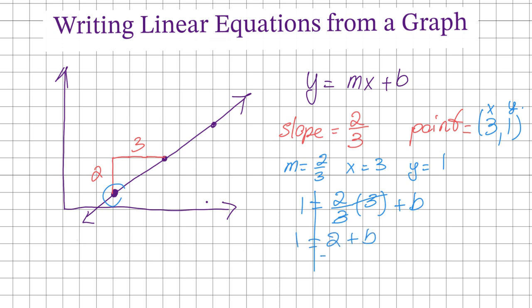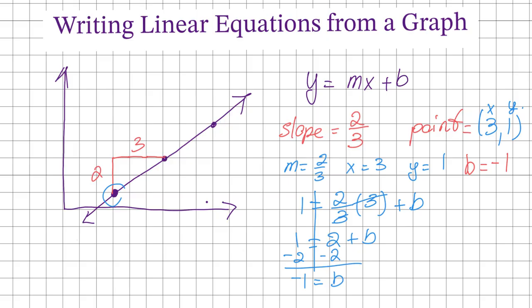Now let's subtract 2 from both sides. And 1 minus 2 will be negative 1 equals b. So there you have it. We found our b. Our b is negative 1. Okay, now that you found your b, all you need again is your m and the y-intercept, which is b.